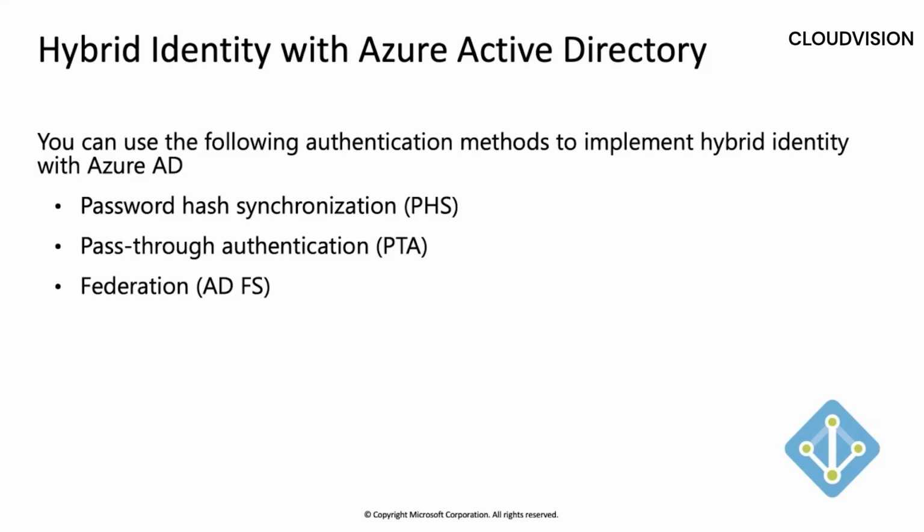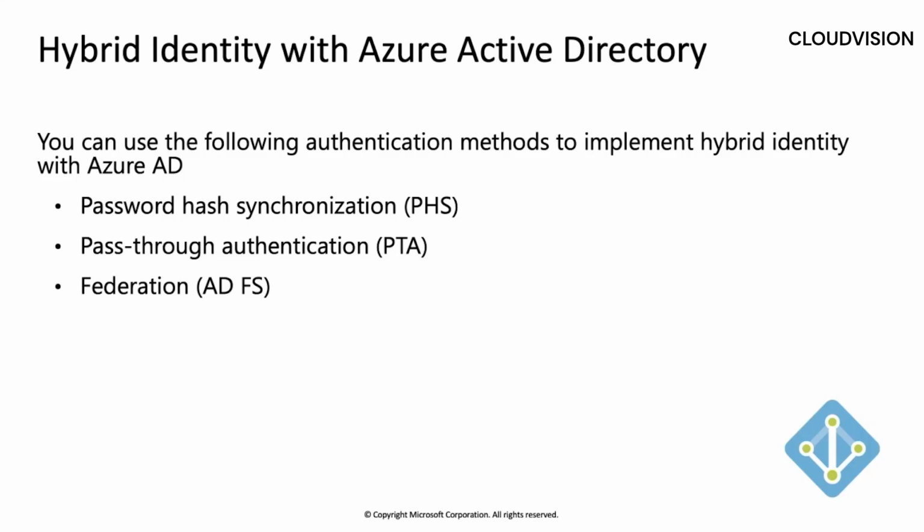With that, you can achieve same sign-on. Same sign-on means users can sign in with the same credential on-prem and in the cloud. Yes, the authentication happens twice: one at the on-prem if he logs into the on-prem, and if he logs into the cloud, Azure AD authenticates. This is one of the simplest methods to set up.